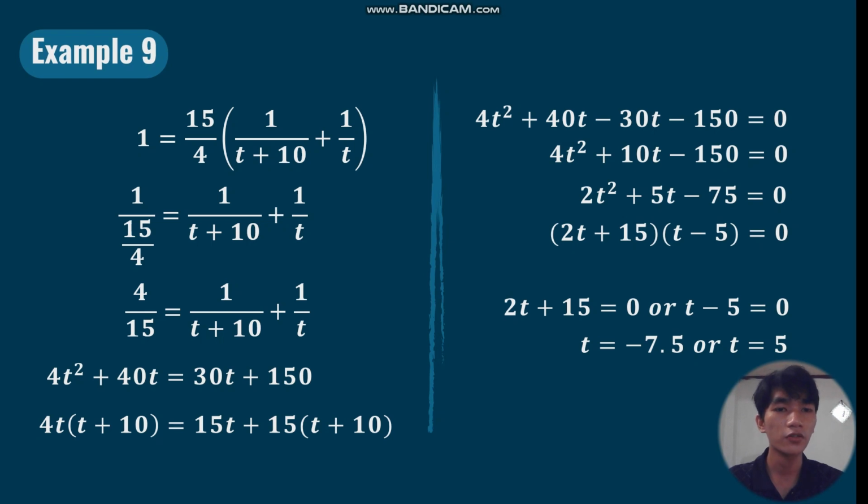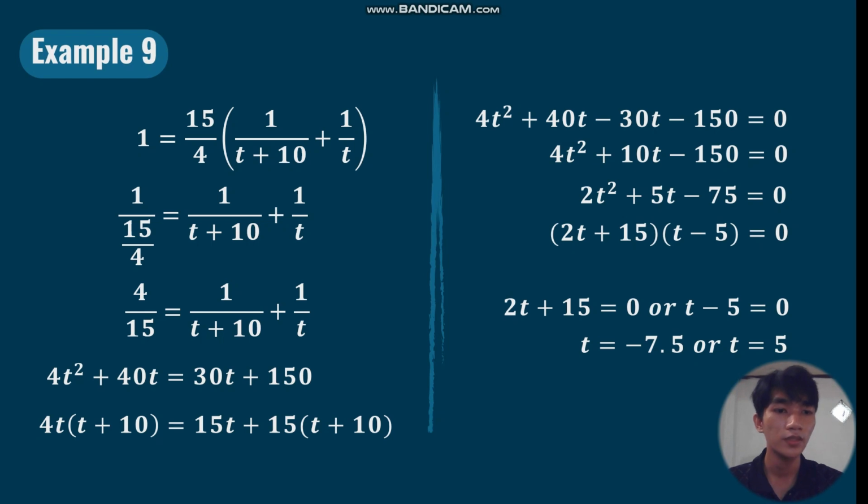And we factor this equation, and the result is open bracket 2t plus 15 closed bracket times open bracket t minus 5 closed bracket equals 0. So 2t plus 15 is 0, or t minus 5 is 0.